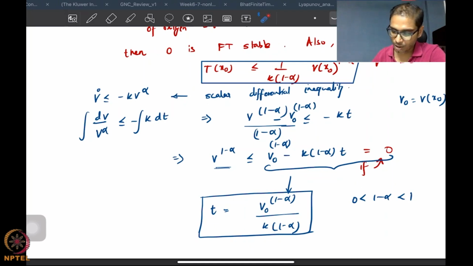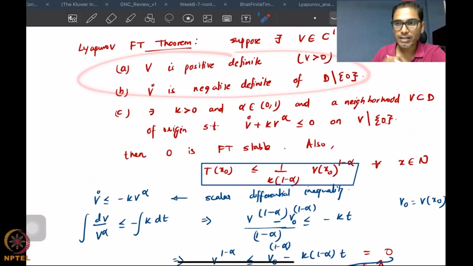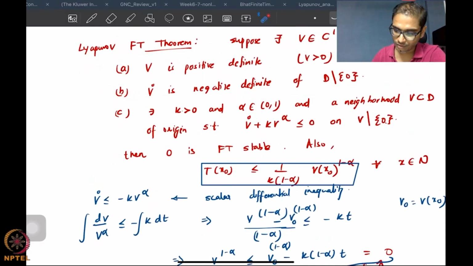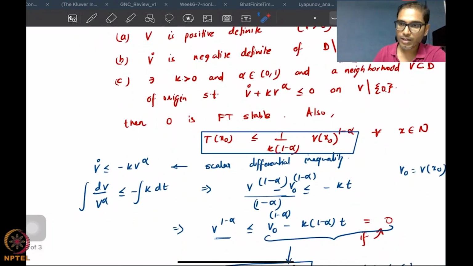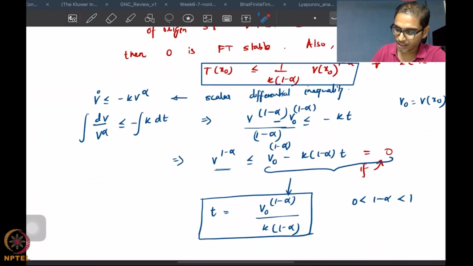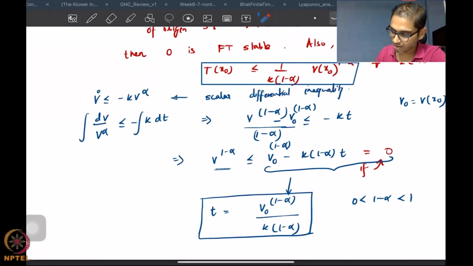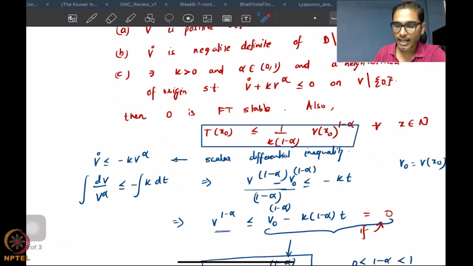Okay, so I hope you understand now that from the first two you get the Lyapunov stability. That was the first requirement, and the next requirement was of course that you have finite time convergence, which you get from here. In fact the expression for the settling time function is also rather easy to obtain just by integrating this scalar differential inequality condition that we have written here.